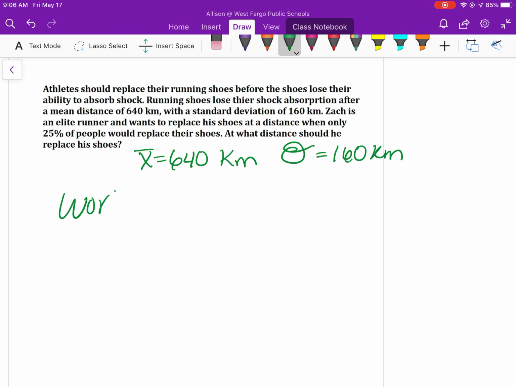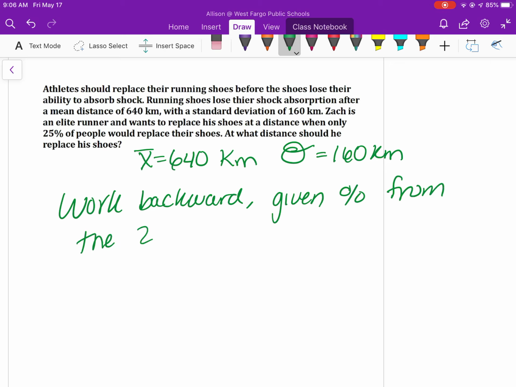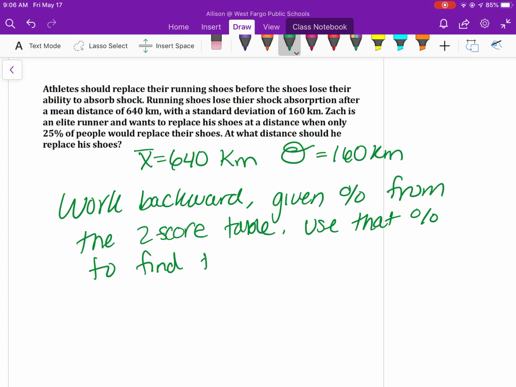So we have to work backwards here. I was given the percent from the z-score table, so use that to find what the z-score was.